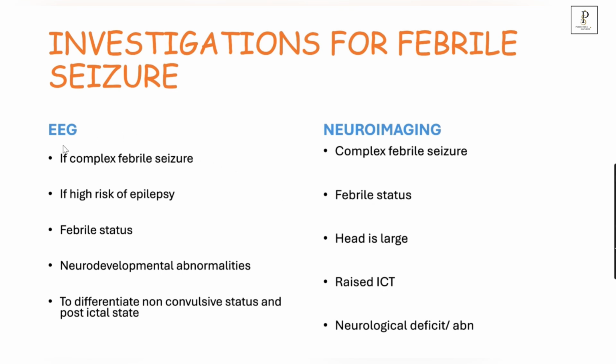Then next comes EEG. What are the indications for doing EEG? If it is a complex febrile seizure, then you should do EEG. If there is high risk of epilepsy.